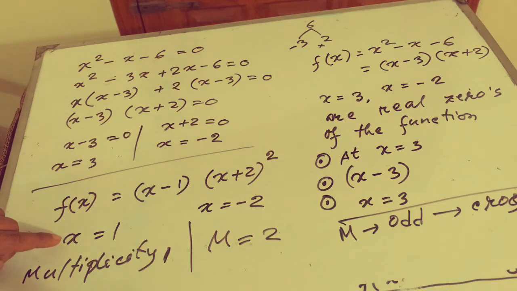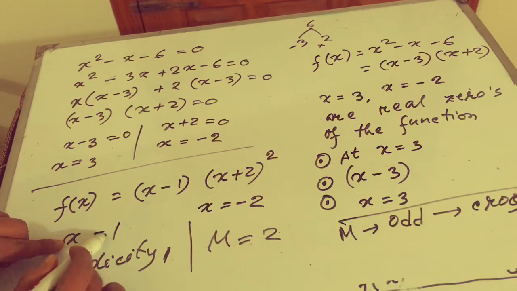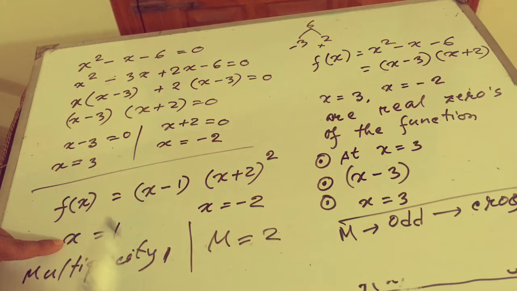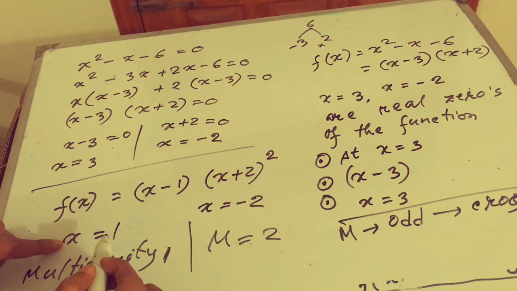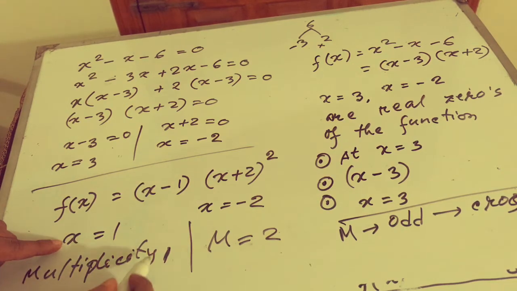That means, look at this, at x equals 1 there is the intercept for the function. Actually I will draw the graph in some other video for the given function, so there I will show it. So at that point the graph will cross at this x equals 1.